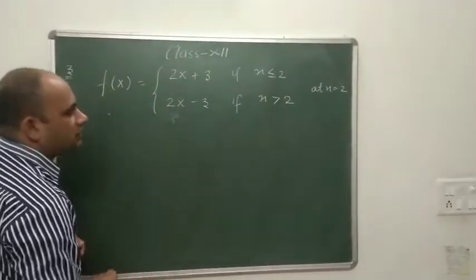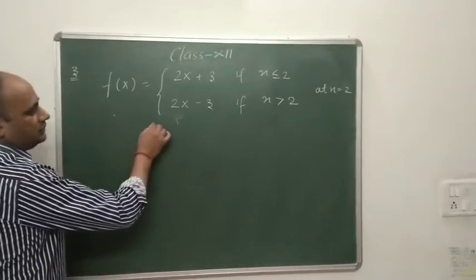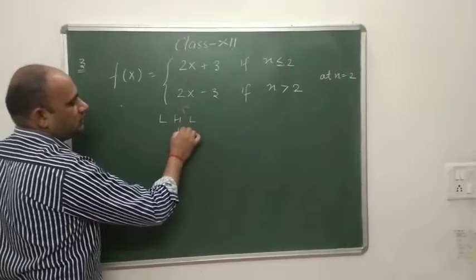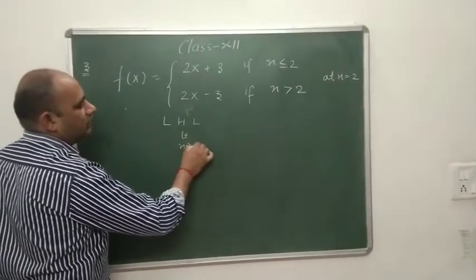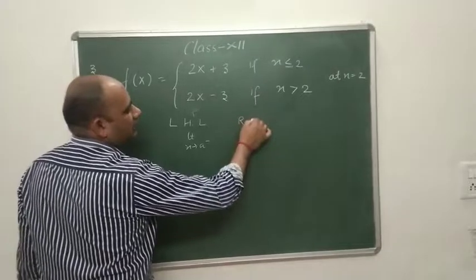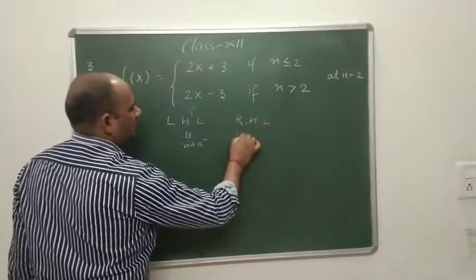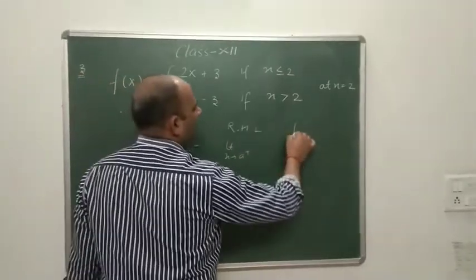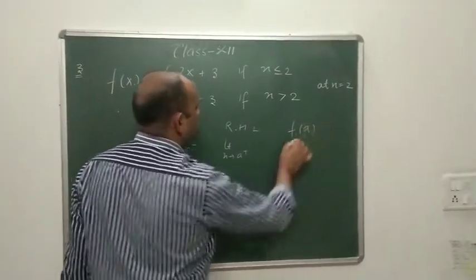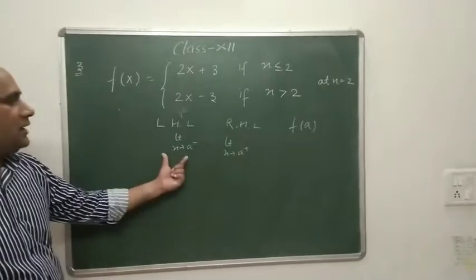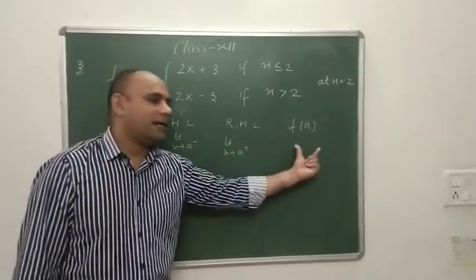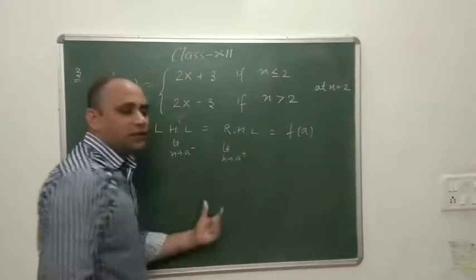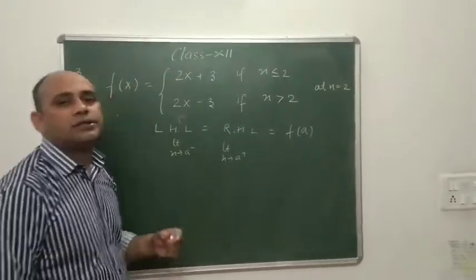We use two types of limits: left hand limit, x tends to a minus, and right hand limit, x tends to a plus, or either f(a). We will find the left hand limit, right hand limit, and direct f(a). If all are equal, then the function is continuous.